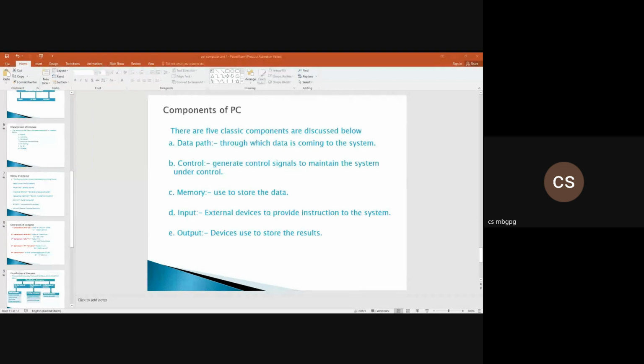And all the arithmetic and logical operations are performed by the ALU. So to execute a single instruction, it involves all parts: your control unit, your arithmetic and logical unit, and your registers of the CPU. So the CPU is known as the brain of the computer system. That's why it is called the brain of the computer system.